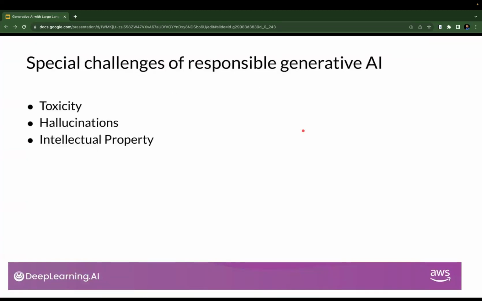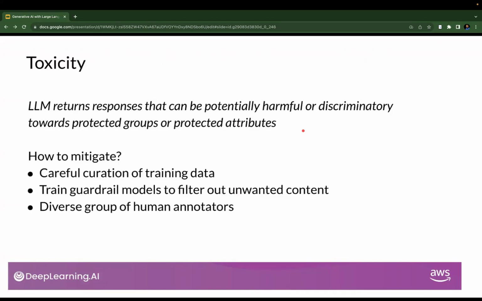When it comes to responsible AI or responsible generative AI, there are some important challenges of toxicity, hallucinations, and intellectual property. In toxicity, the LLM returns responses which can be discriminatory or harmful. In order to protect against that, we need careful curation of the training data, which will require human effort.